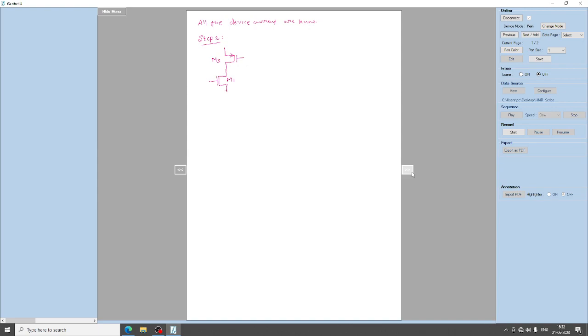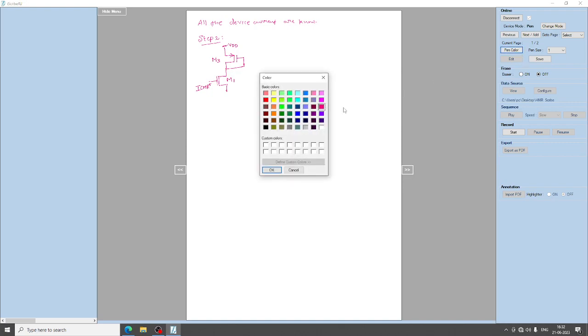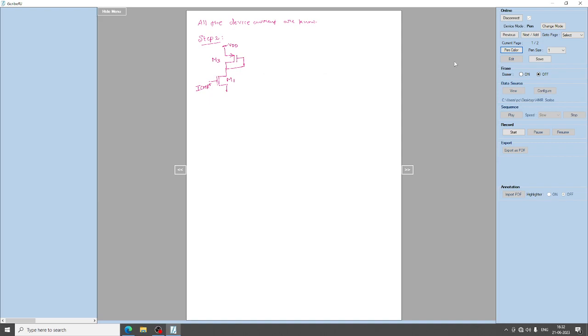This is diode connected, and this is VDD, right? And the input for this is ICMR plus. So it is ICMR plus that we are considering for this, right?